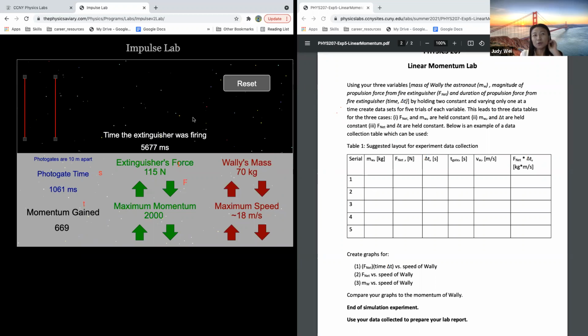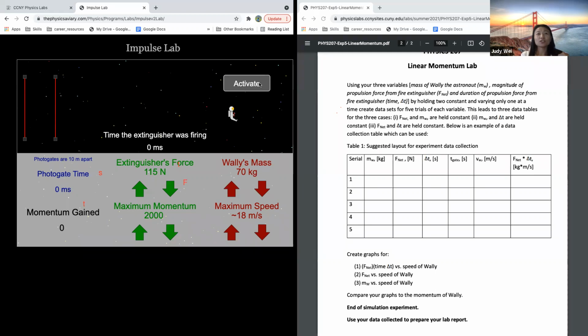So basically you will find 5 positions from here to here, 5 different positions, before it enters the photogates.